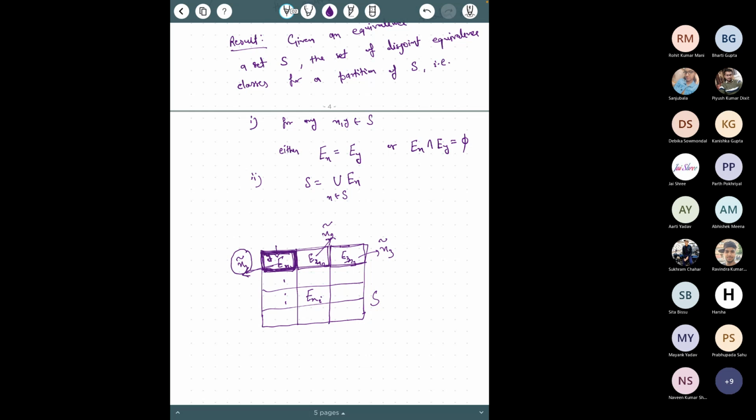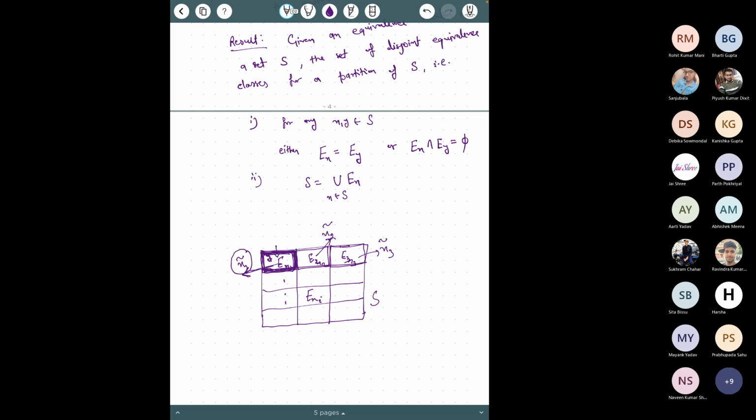Can I find a form of the elements which is easy in some sense? I'll tell you what easy means in our case. But this is the general idea: if we have divided our set into disjoint classes, then the next job is to find a representative for each class, so that it represents the elements of that class.